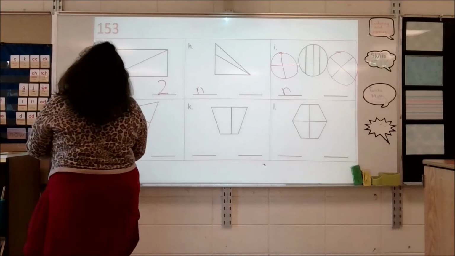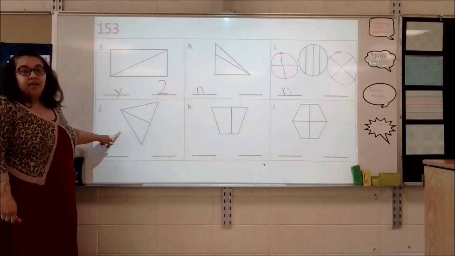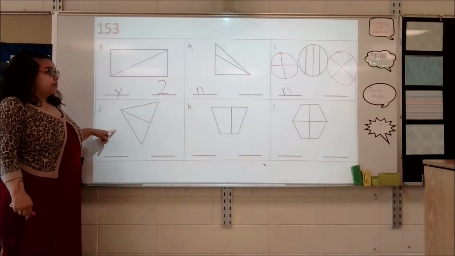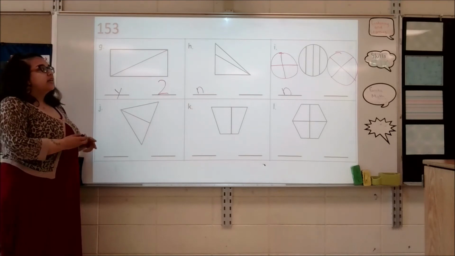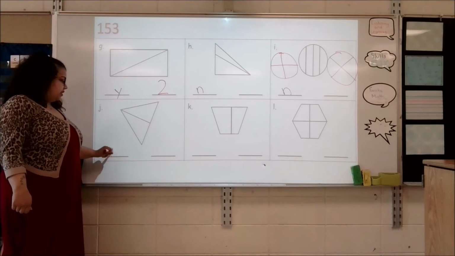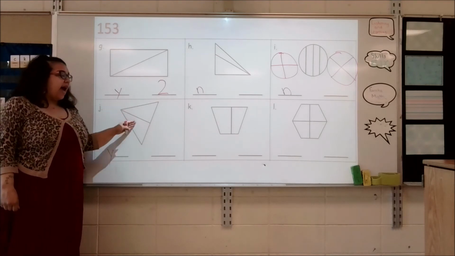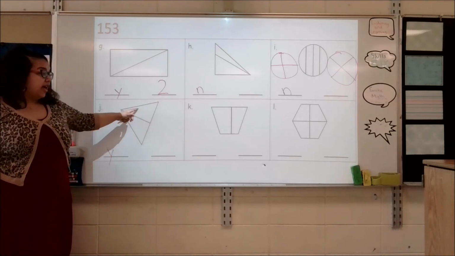Okay, what about this triangle here? Is this triangle split into equal pieces? Yes, this triangle is split into equal pieces. I would be happy if my sister gave me this piece and she had that piece.